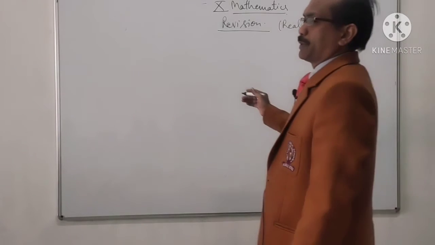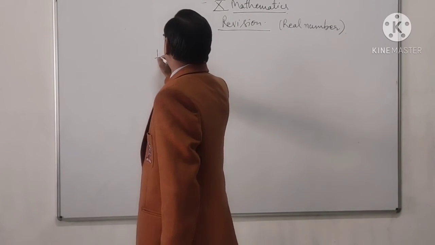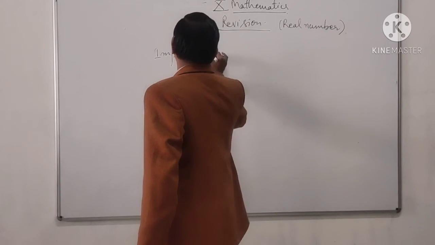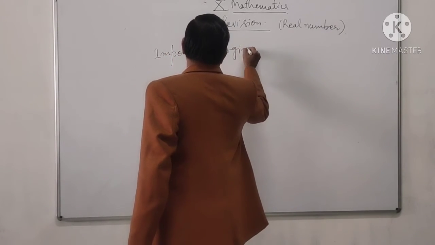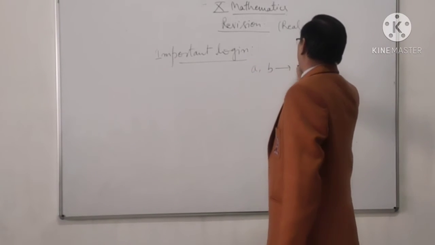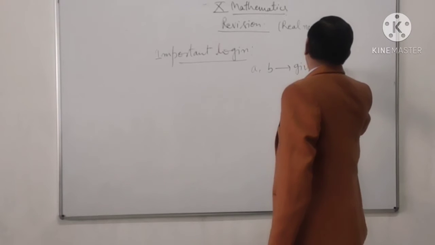Now students, there is one important rule. Let A and B be two given numbers.